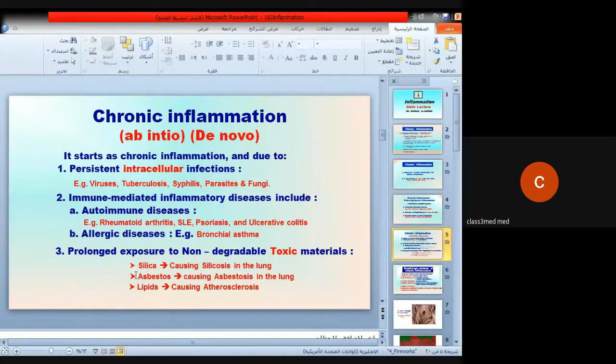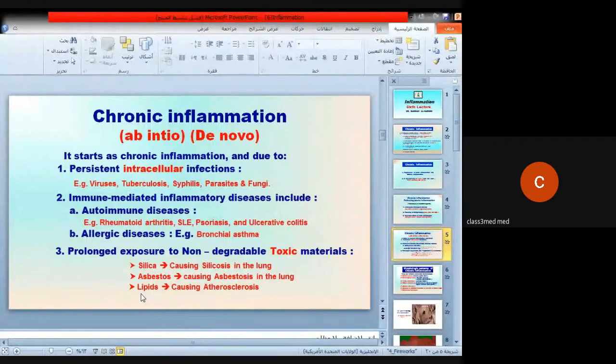Also asbestos مادة الأسبست تعرفونها. Inhalation of asbestos causing chronic inflammation in the lung called asbestosis. And also asbestos may cause bronchogenic carcinoma, lung cancer. All endogenous material.